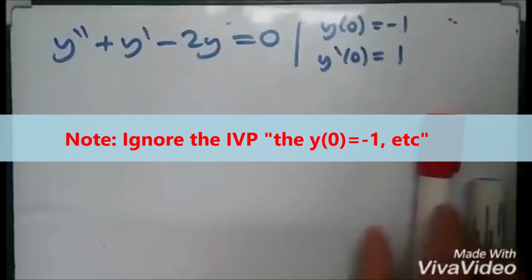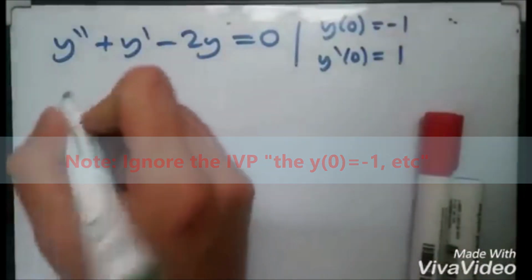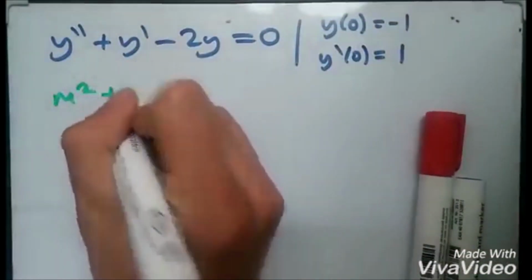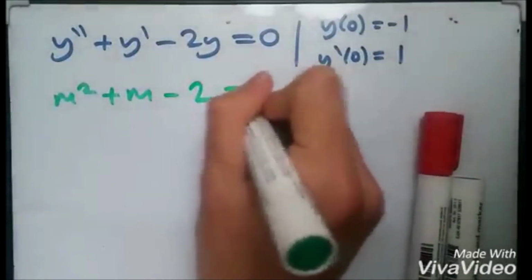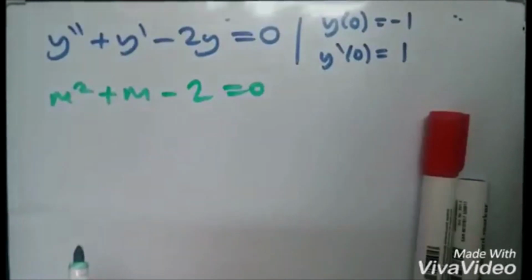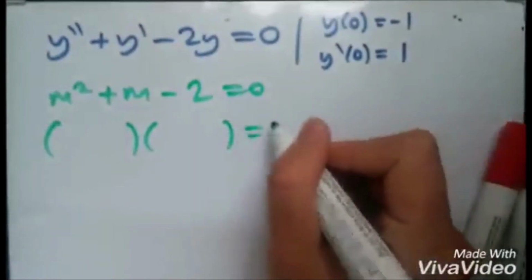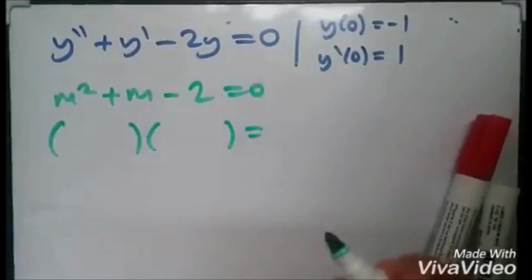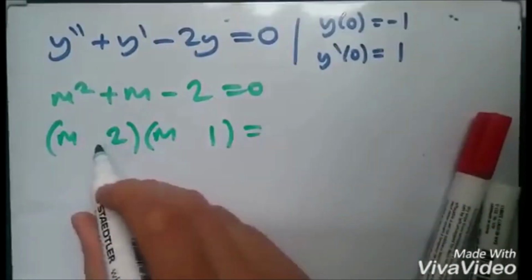Okay, let's do this, okay? So, our characteristic equation based on this is going to be m squared plus m minus 2 equals 0. Okay, and now we just need to factorize this. So we need to find what multiplies to make 2. Because 2 is prime, it's probably going to be 2 and 1 for sure. Of the options we have, 1's minus, 2's plus.